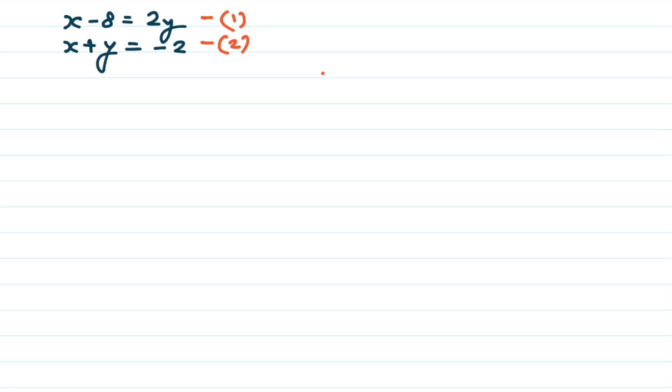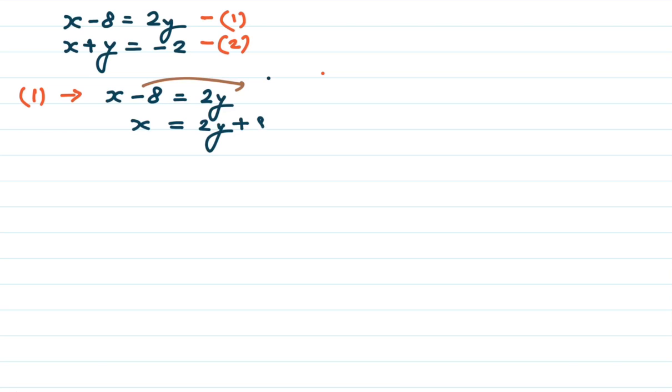Let me begin with the first equation, which is, say, x minus 8 equals 2y. So I'm going to write this x in terms of y, which will be 2y, and take this minus 8 to the other side, so it's going to be plus 8.